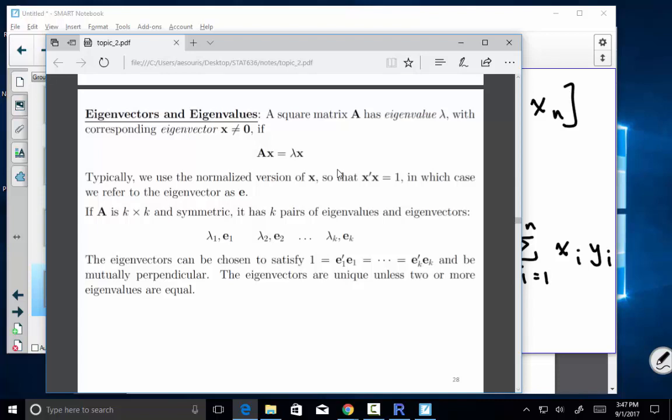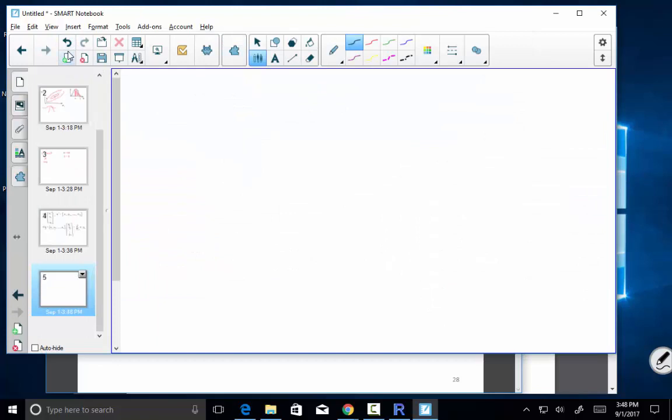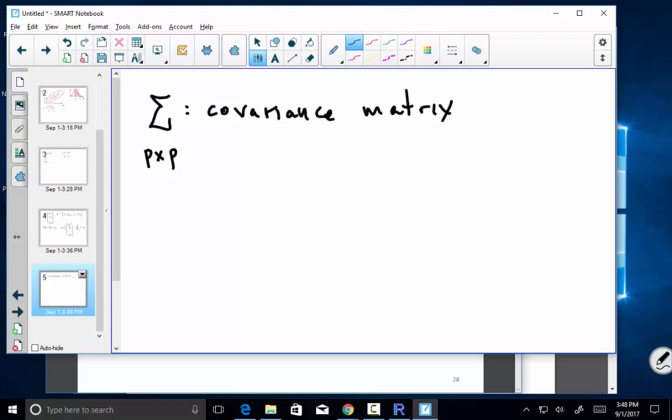So what is it? Big picture, eigenvalues and eigenvectors are like a core representation of a matrix. We're going to be interested throughout the class in a particular kind of square matrix. It's going to be called the covariance matrix, and we'll call it P by P. We have our capital X data set, N by P. That's N individuals for each of whom we have P observations.